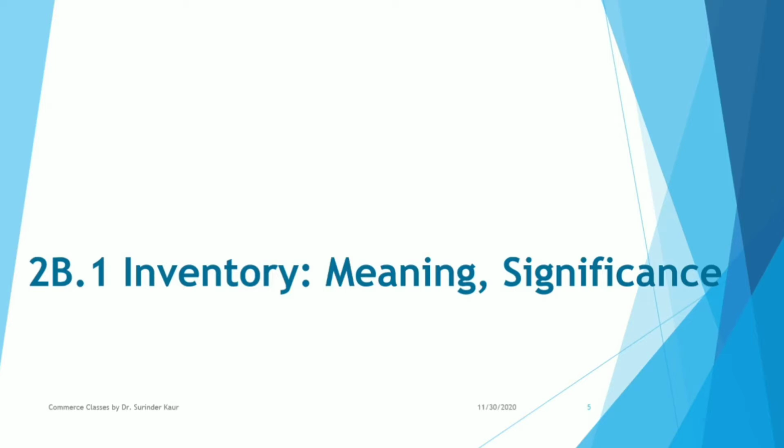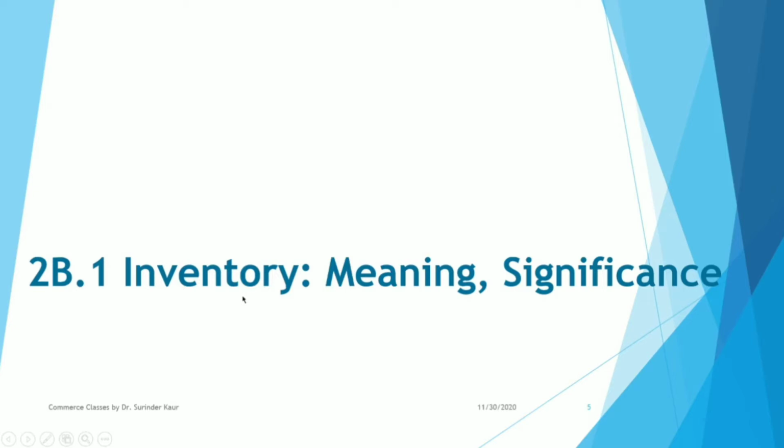But what type of stock? Stock of which item? In case of a business concern, inventory is the stock of those items which are in the continuous process of purchase and sale. That is, the things which you buy and then sell on a regular basis to make profit are referred to as goods, and their stock at a particular point of time is referred to as inventory or stock.